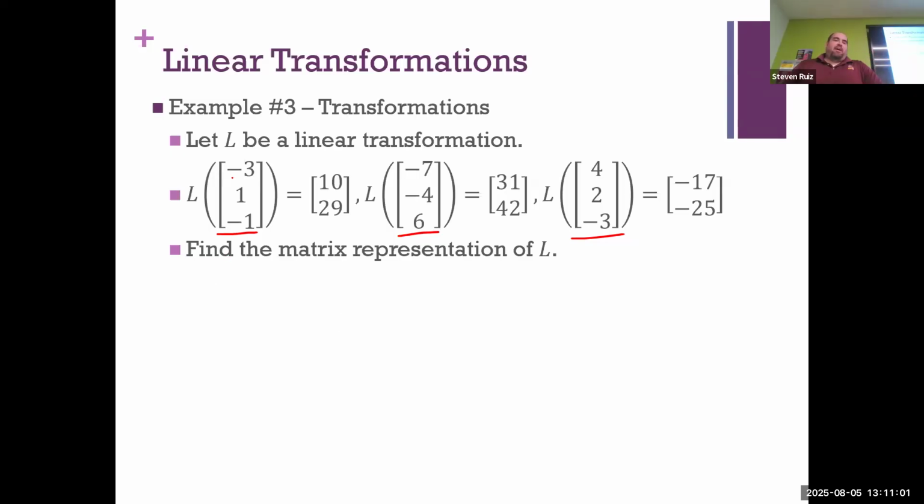So if I apply L to -3, 1, -1, it gives you 1029, and so on. So if these are the three operations we have, then we should be able to talk about what the basis is.